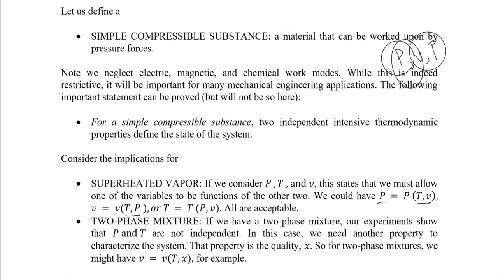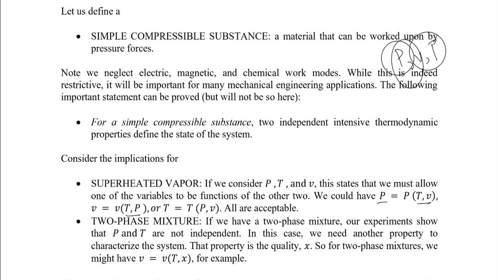Now if I increase the pressure, the temperature would be increasing. If I decrease the pressure, the saturation temperature, if you remember, would also decrease. So inside the vapor dome, in a two phases mixture, the pressure and temperature are not independent, they depend on each other.